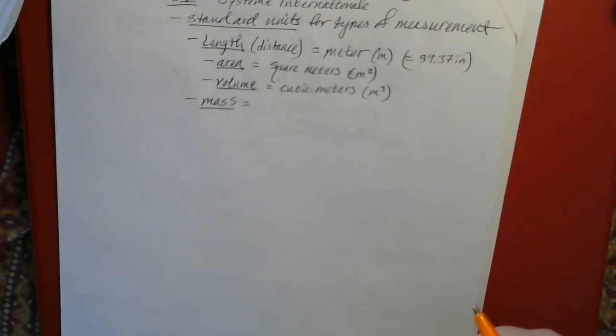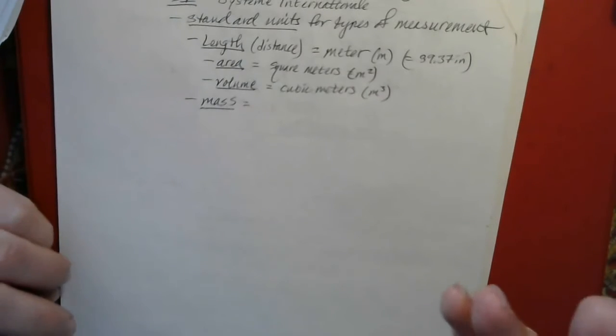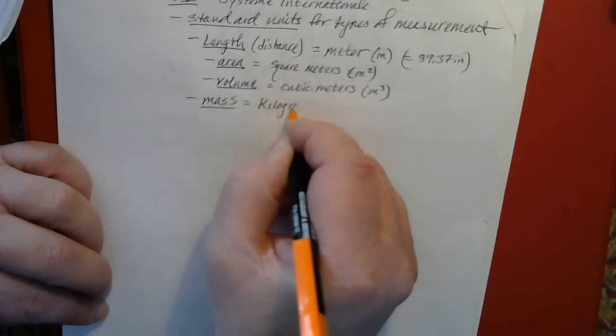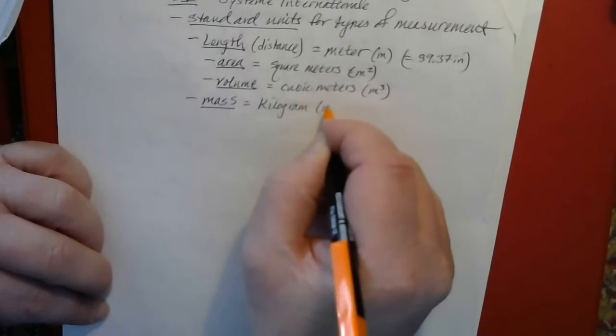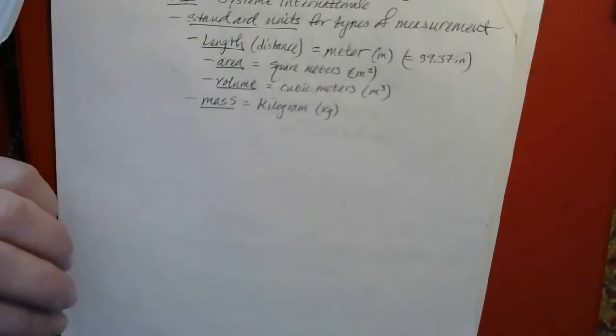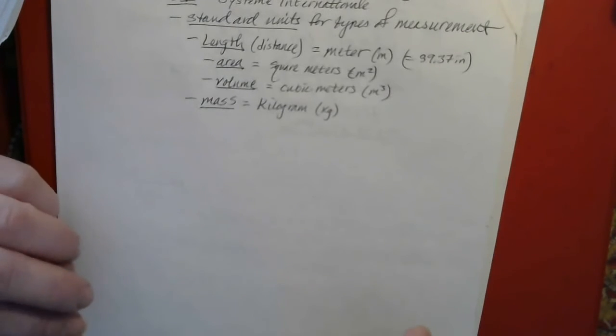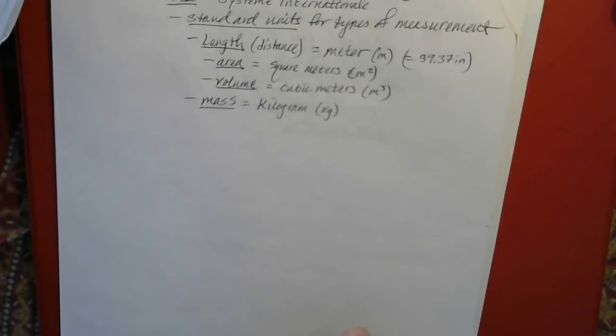For mass, the standard unit is probably what you would guess in the metric system, kilogram. For which the abbreviation is kg, lowercase g for grams, lowercase k for kilo, which means 1,000. So as we'll see in a minute when we get to the metric prefixes, kilogram means 1,000 grams.